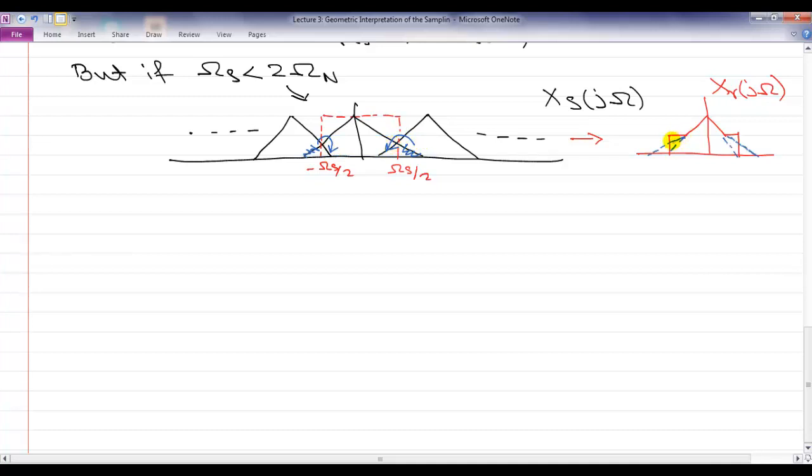Your original spectrum was like this, and some of these frequencies folded back onto the region where you're into lower frequencies. Essentially, they aliased. They took on a different identity than the frequency that they originally corresponded to.